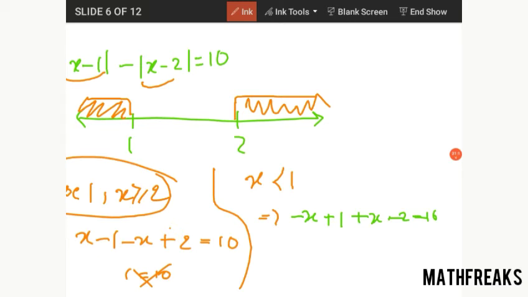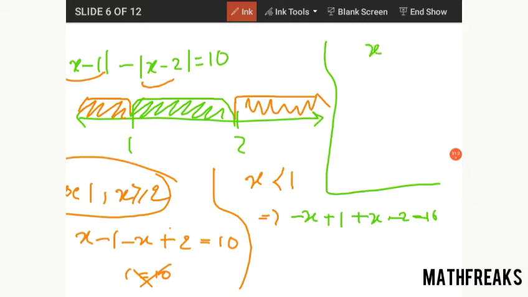So now the final case, case number 3, is this region where we have to be very careful while taking the region. Since we have not included 1 before, we have to include 1 in this case, and since we have included 2 in the earlier case, we have to exclude 2 in this case.